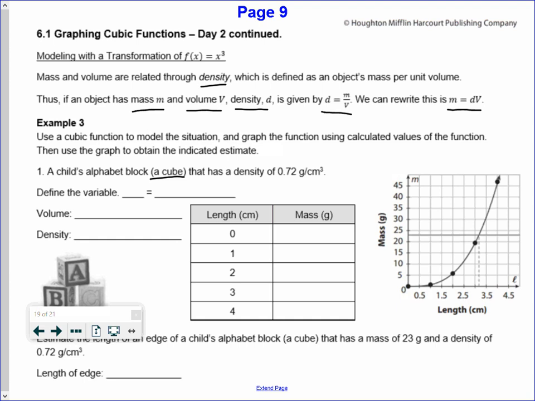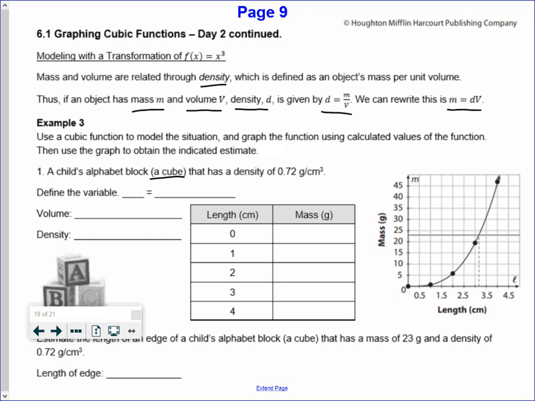So we're told no matter what the actual mass is, no matter what the volume is, my density is always 0.72 grams per centimeter cubed. What I'm going to do is define my variables first. And before I do, we need to think about what our volume is going to do. We want the volume of a cube. The volume of a cube is just V equals the length all cubed.